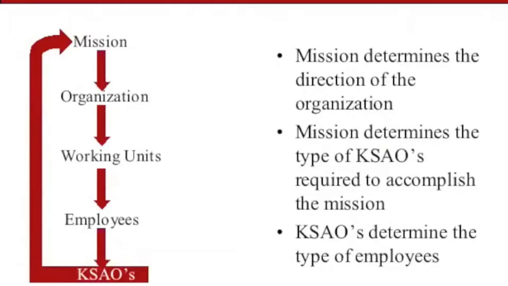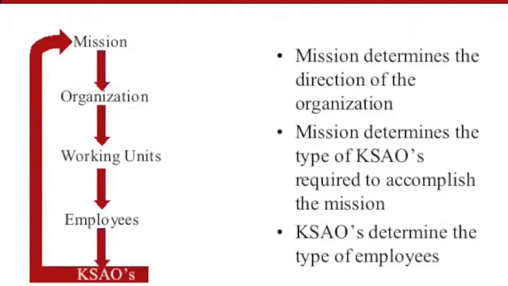Organizations are generally broken down into work units. Those work units are smaller units of people that function to help the larger organization accomplish the mission. Now, within the work units, you have employees. Employees, that's why we study human resources, because we're getting down to the employee level when you study human resources.